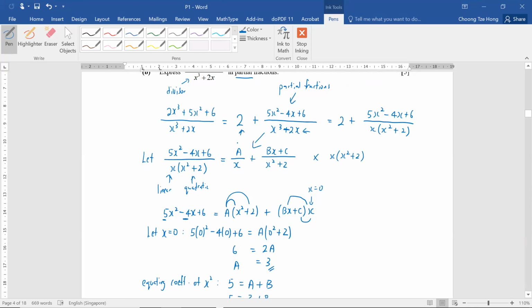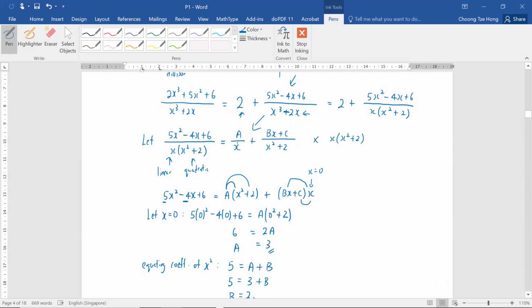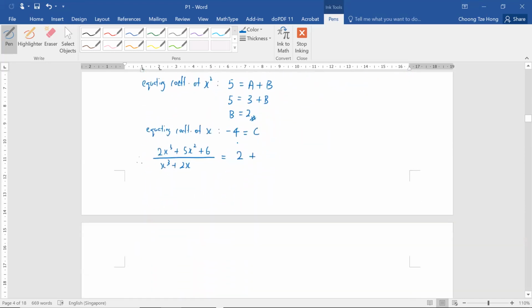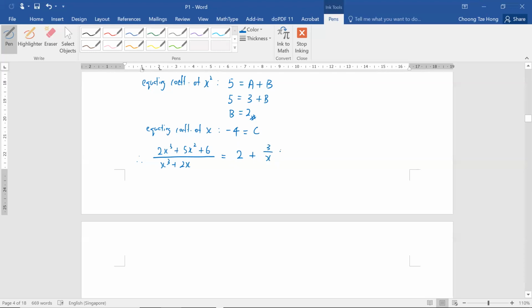A is now 3, so 3 over x. Then B is 2, C is negative 4. So we'll get 3 over x plus (2x − 4) over (x² + 2). So this would be the final answer.